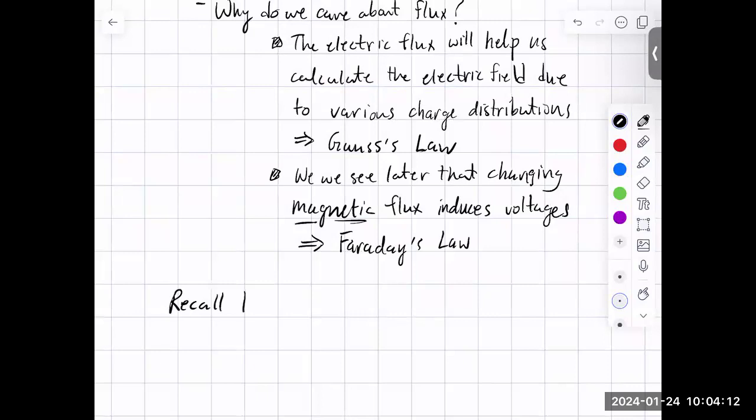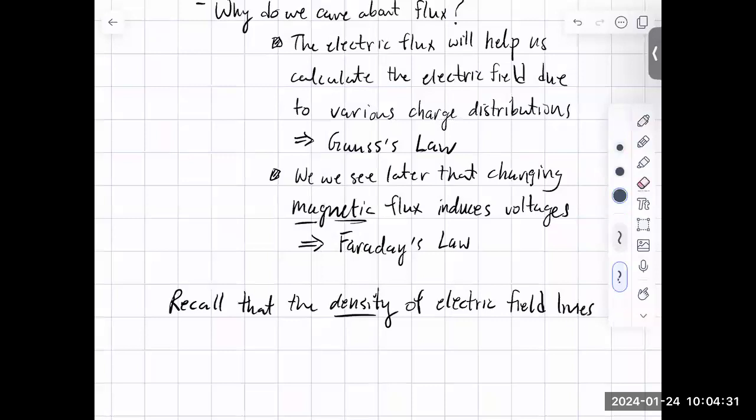So let's recall that the density of electric field lines, and by density, I really mean that if we had a patch of area, we count the number of lines passing through that area and divide by the area. That's the density, number of lines per unit area.